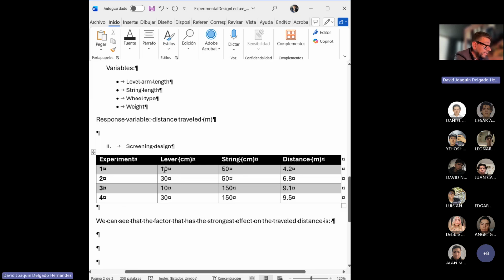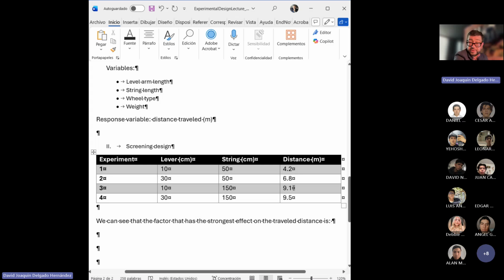If you have a short lever arm, well, the distance is certainly short, right? When you have 10 centimeters, you can reach 4.2. If you again have 10 centimeters, in this case you can reach 9.1.